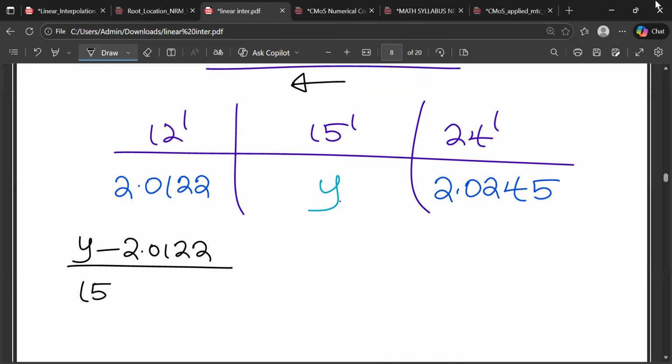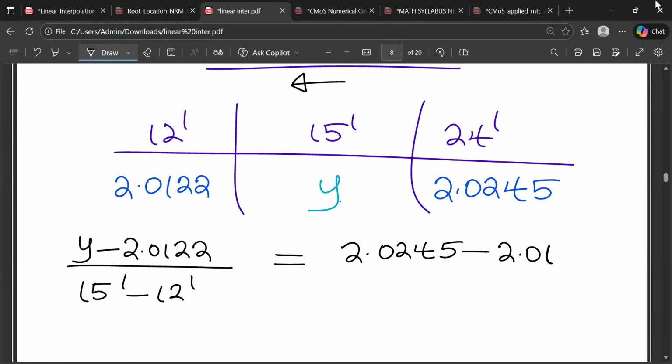This one will be 15 minutes minus 12 minutes. On this side we must have only numbers, so I'll bring this 245 minus 20122.